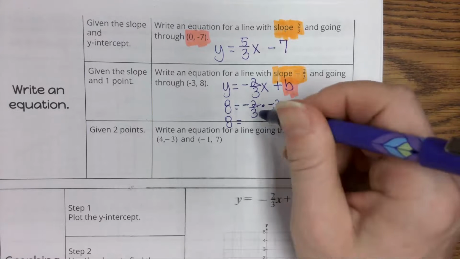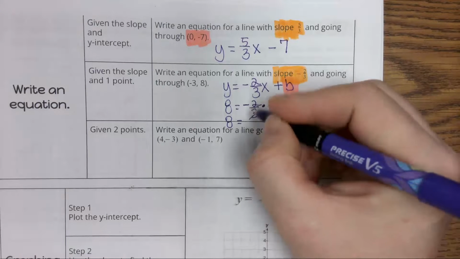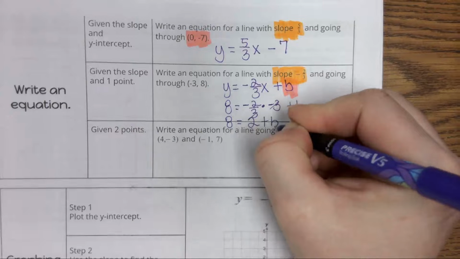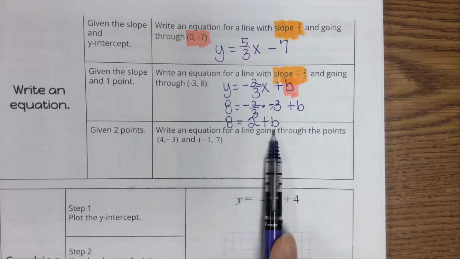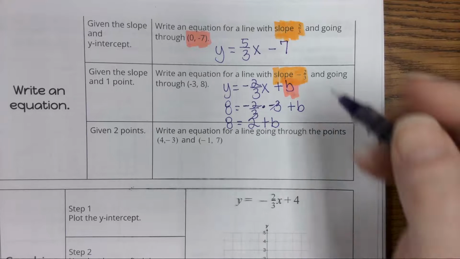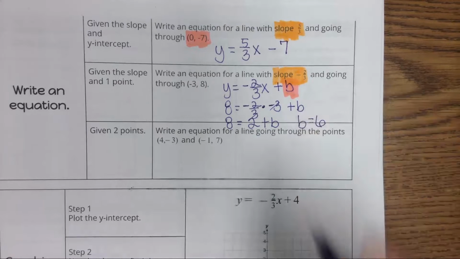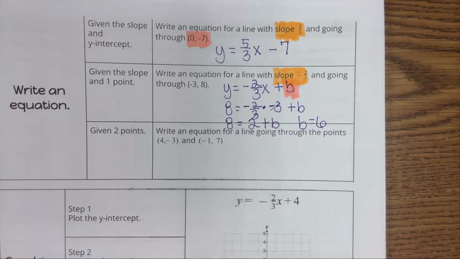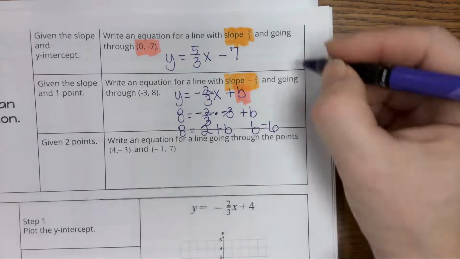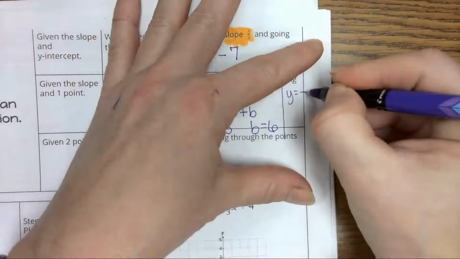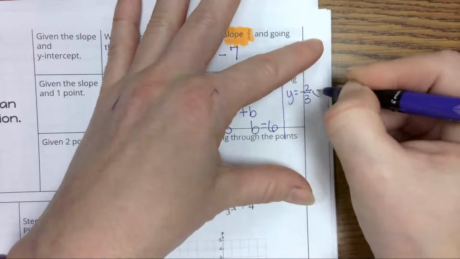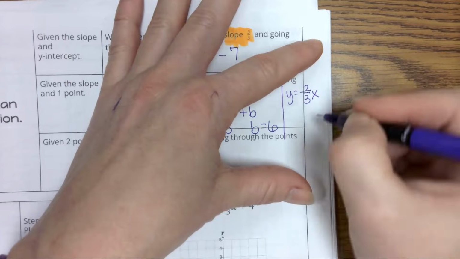The 3's can cancel, so can the negatives, so that's 2 plus b. What would b have to be to make that true? 2 plus what equals 8? 6. Okay. So my line is y equals negative 2/3 x plus 6. We need to practice that.